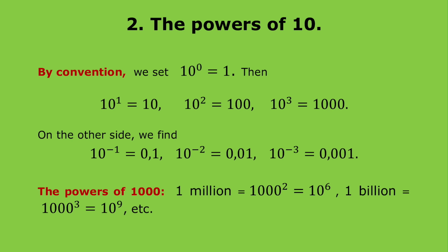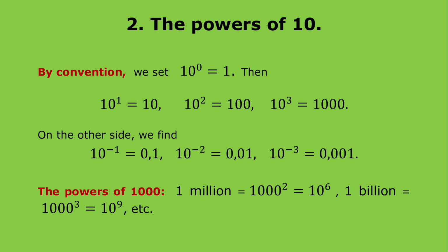To begin, we show in the table the first powers of 10, positive or negative, to avoid any ambiguity later. By convention, 10 power 0 is equal to 1. Then, 10 power 1 equals 10, 10 power 2 equals 100, 10 power 3 equals 1000. On the other side, 10 power minus 1 equals 0.1, 10 power minus 2 equals 0.01, 10 power minus 3 equals 0.001.